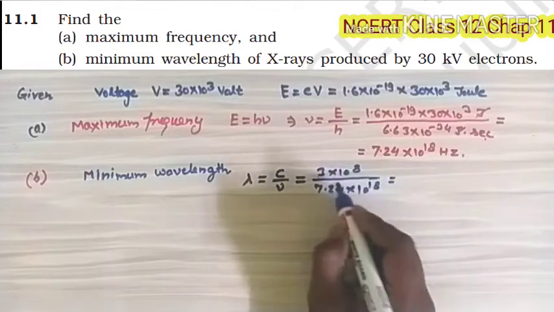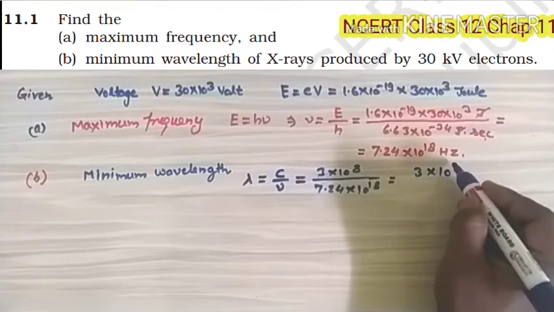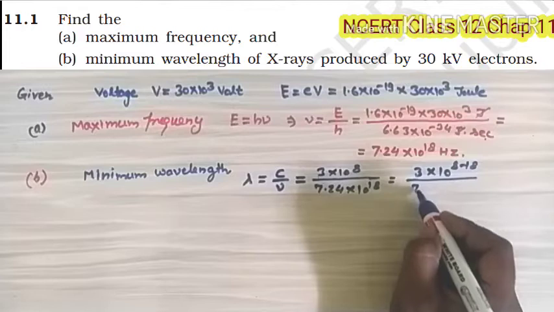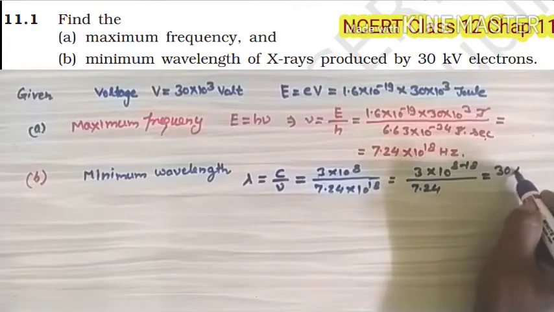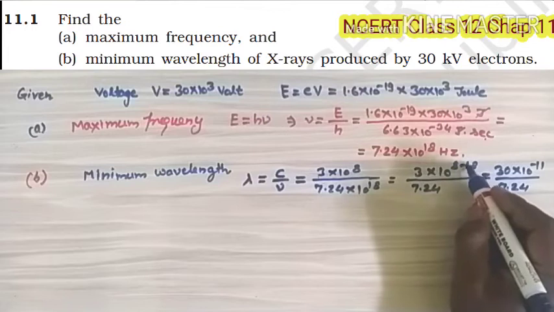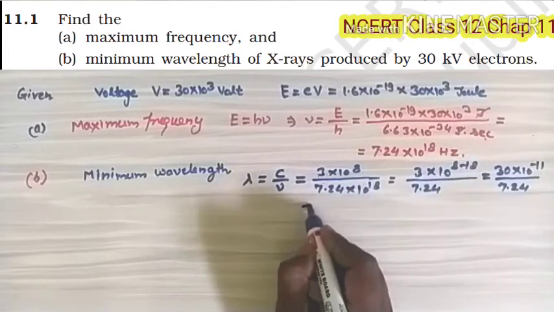So solve it, students: 3 × 10 power 8 minus 18 upon 7.24. We find 30 × 10 power minus 11 upon 7.24, because here minus 10 comes, but we write 30, then 10 power minus 11.